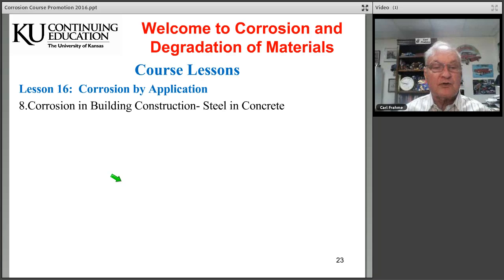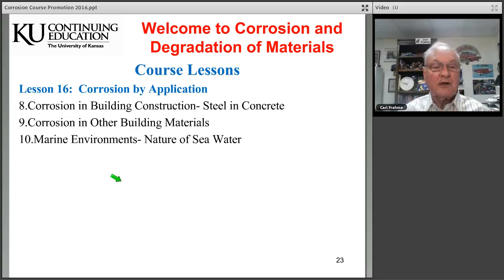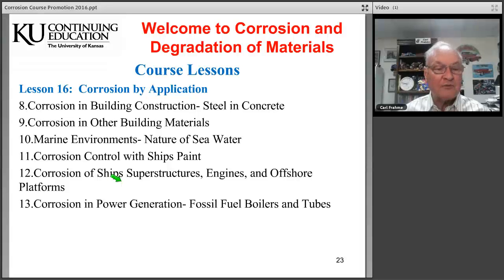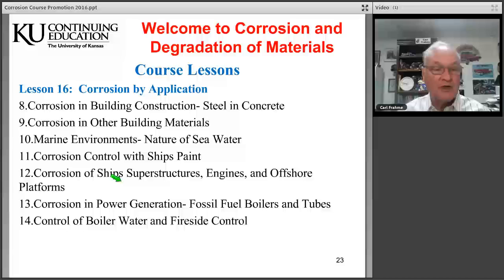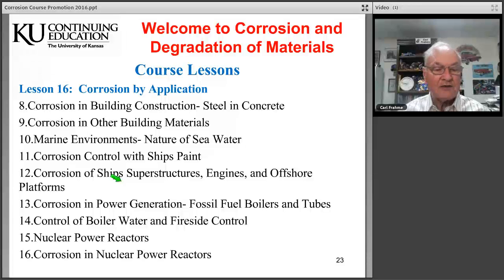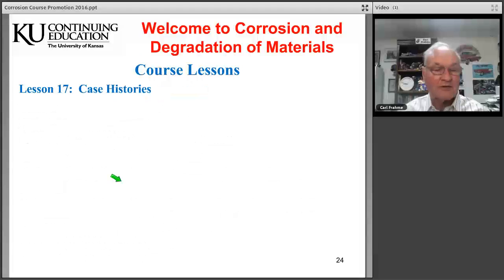Session 8, corrosion in building construction, steel and concrete, corrosion in other building materials, marine environments, nature of seawater, corrosion control with ship's paint, corrosion of ship superstructures, engine and offshore platforms, corrosion in power generation, fossil fuel boilers and tubes, control of boiler water and fireside control, nuclear power reactors, corrosion in nuclear power reactors.